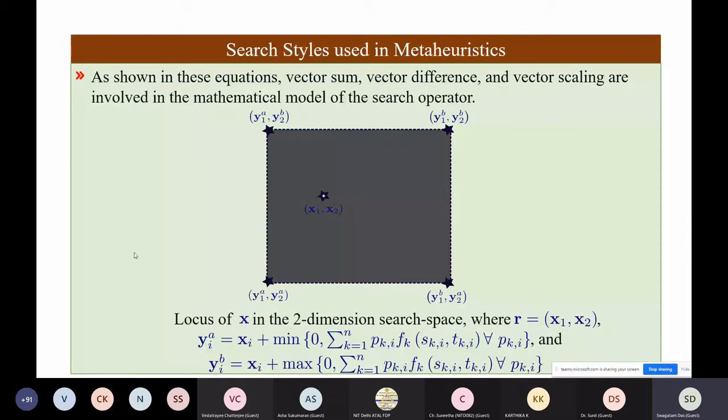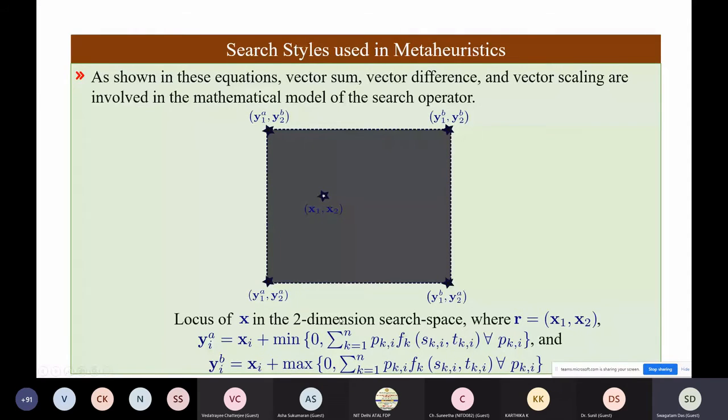You see, if your original solution point is at x1, x2, for different choices of your search operators used in PSO and DE, the perturbed point will be located inside this square, because the perturbed point will be within certain maximum and minimum values, let's say we are just clipping it at 0.